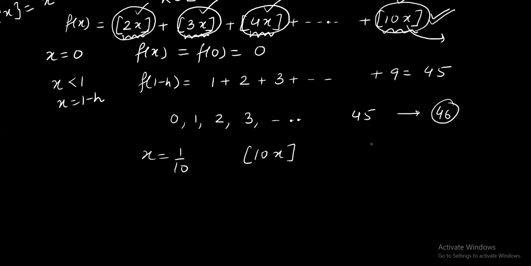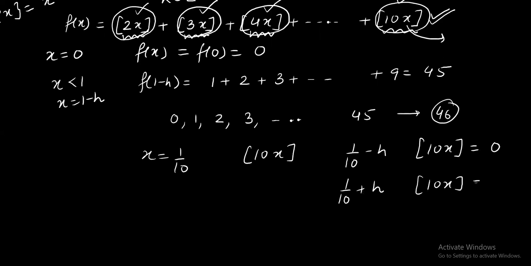In the neighborhood of 1 by 10, if I consider 1 by 10 minus h, integral part of 10x will become 0, because 10 times x means it will be 1 minus a little, or we can say that we are going to subtract a very small quantity from it. Similarly, if you consider 1 by 10 plus h, then 10x is going to be 1 plus 10h. The integral part of 10x is now going to become 1. So there is an increase of 1 over here when we consider the interval in the neighborhood of 1 by 10.